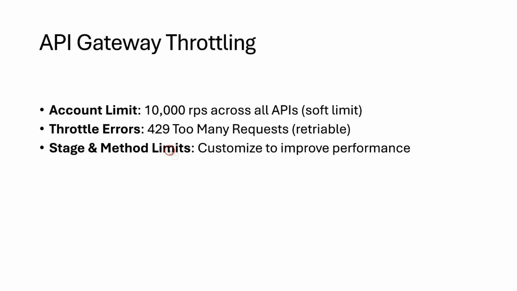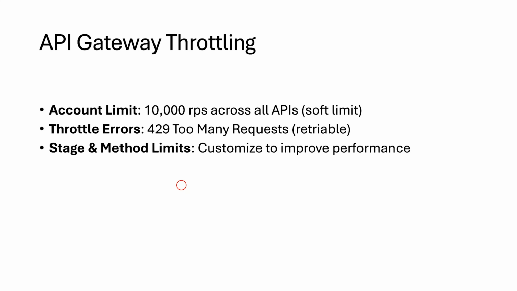To avoid these overloads, you can set limits at both the stage and method levels. For example, this particular stage only receives 100 API hits per second. If you limit like that, obviously each stage is limited to only 100, so other API stages are also able to get requests.